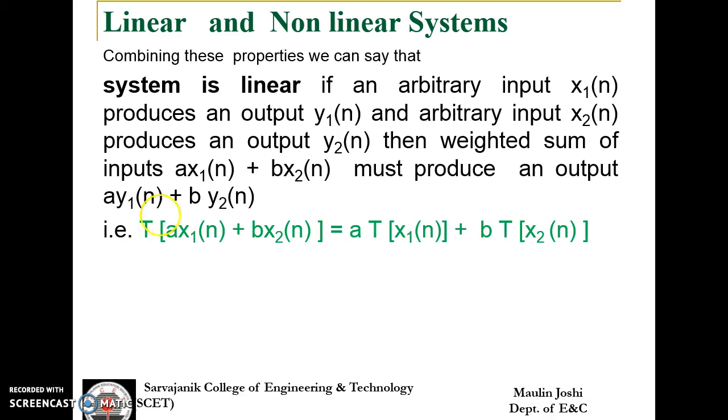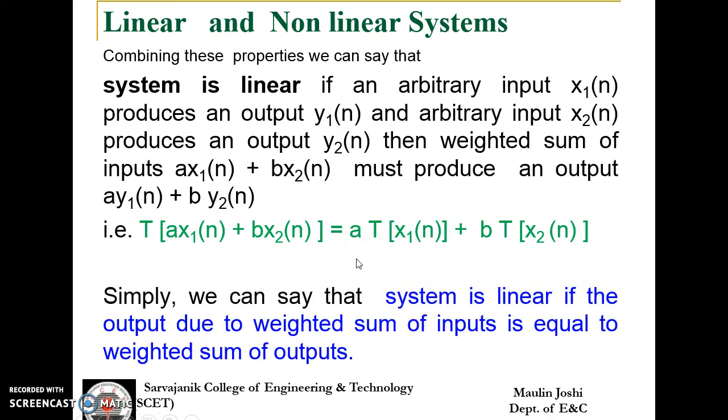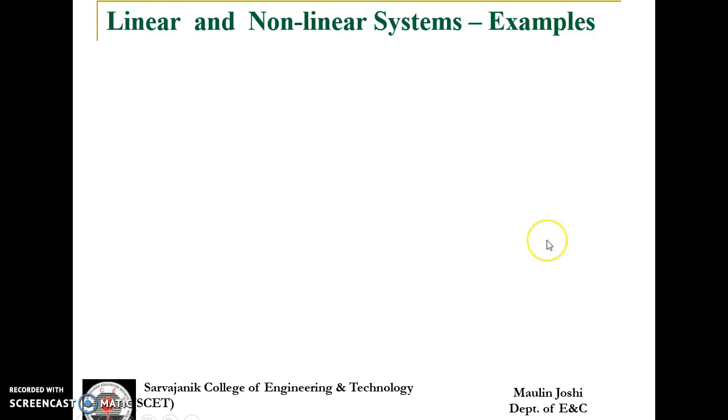That means that the transformation of this combined or weighted input is equal to the linear scaling of the individual outputs y1 and y2. So we can say that the system is linear if the output due to the weighted sum of the inputs is equal to the weighted sum of the outputs.